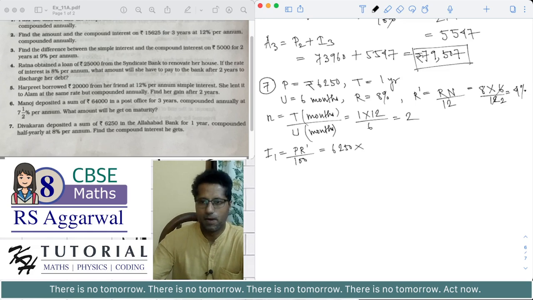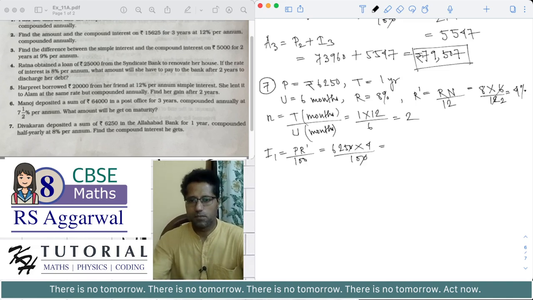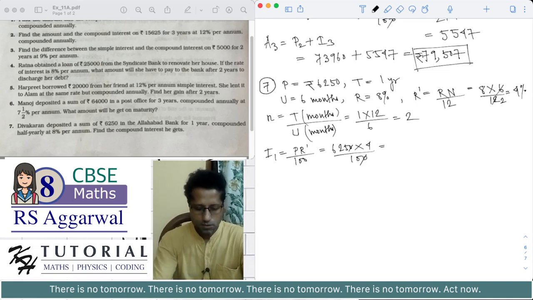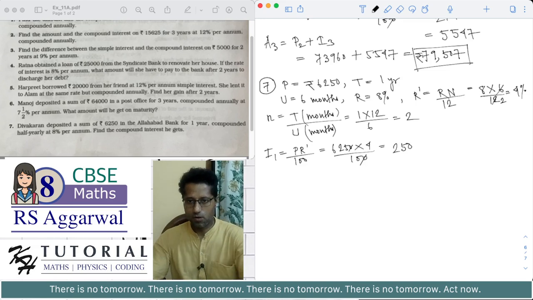This is equal to 6250 multiplied by, now R dash is 4 divided by 100. This is equal to 625 multiplied by 4 divided by 10, which is 250. Okay, the interest at the end of first unit of time or after 6 months is 250.